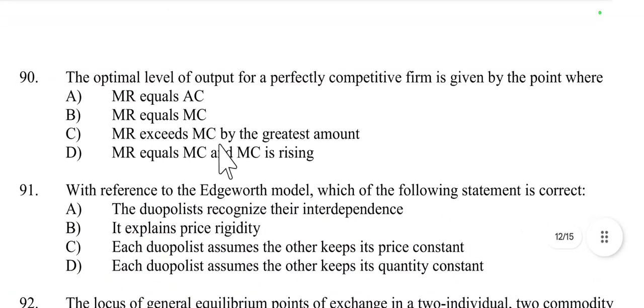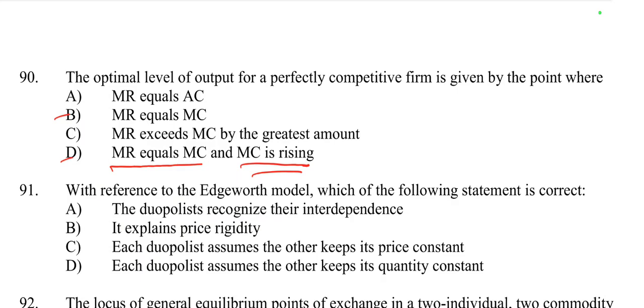Then question number 90. The optimal level of output for a perfectly competitive firm is given by the point where MC is equal to MR. There are two conditions for equilibrium: MC equals MR, and MC should cut MR from below. So MR equals MC and MC is rising.